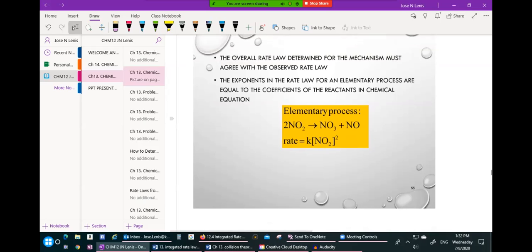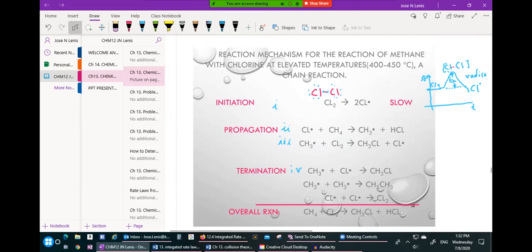Remember, an elementary process is just one step of the reaction mechanism. This whole process here represents the reaction mechanism for the chlorination of methane to form CH3Cl plus HCl, chloromethane and hydrogen chloride.